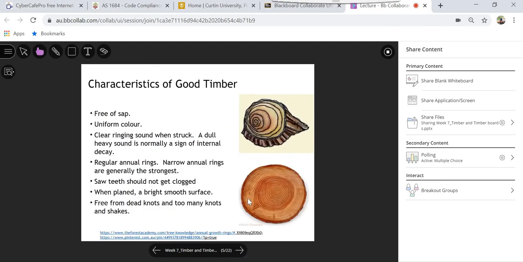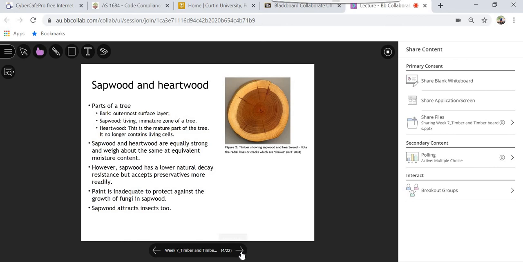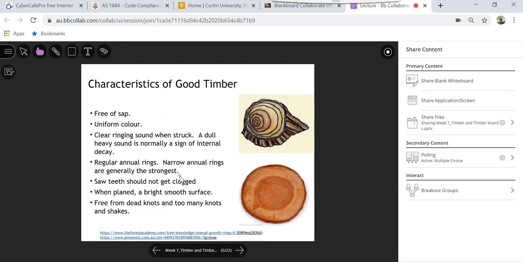And if you consider a tree, there are some trees from which we can get good timber, and some trees from which we cannot. So some basic characteristics for recognizing a good timber: it is free of sap. We know why it is better not to have sap, because in the previous slide I explained that.